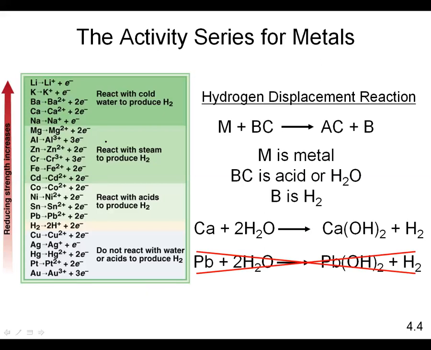This is what is sometimes referred to as an activity series, sometimes as an activity series of metals, which is not as in depth as this one. In a basic activity series, much like here, there's a whole bunch of metals, hydrogen somewhere in the middle, and other metals listed on this side of it. And typically on these lists, whatever is higher on the list is more reactive than what's lower on the list.